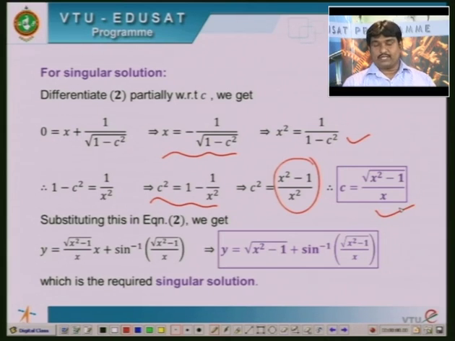Substitute this value of c in the general solution, y equals cx plus sin inverse of c. Cancel x to get the final answer, y equals square root of (x square minus 1) plus sin inverse of (square root of (x square minus 1) divided by x), which is the required singular solution.